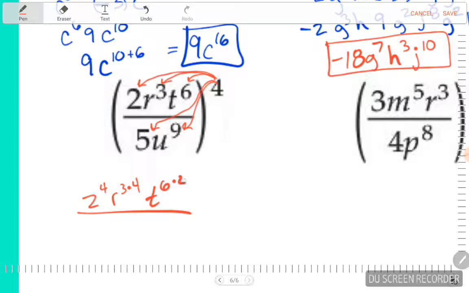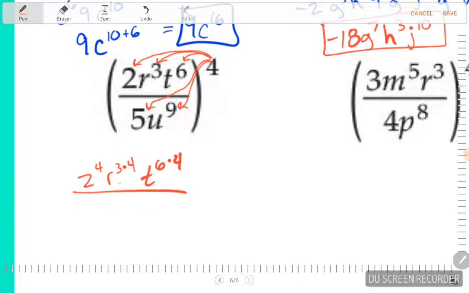T to the 6th, then to the 4th, product to a product, we multiply. All over 5 to the 4th, U to the 9 times 4, because a product to a product, we multiply.